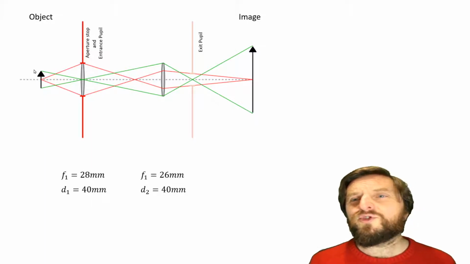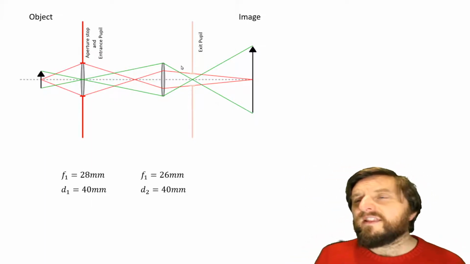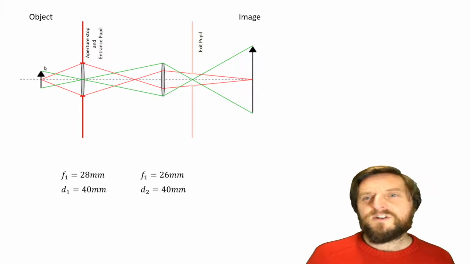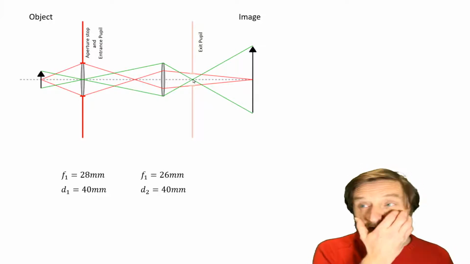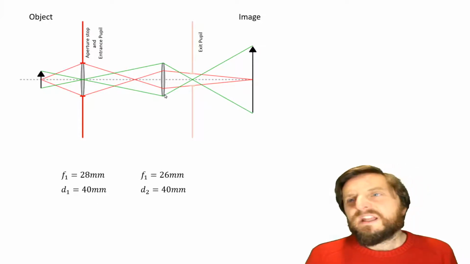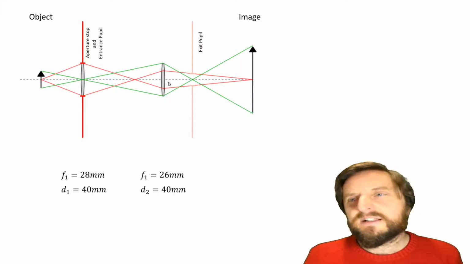So if you trace those rays, you will see that they can go all the way through the system. They go through the aperture stop, in this case the first lens, so they go through there. They go through the center of the exit pupil on the way out to form the image. But as you can see, they clip the edge of this particular lens, the second lens.